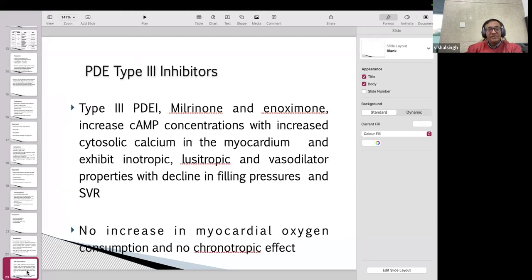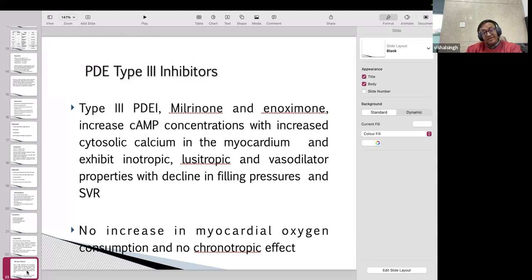The phosphodiesterase inhibitors, which is your milrinone and its colleagues, all increase cAMP concentration with increased cytosolic calcium in the myocardium, and exhibit inotropic, lusitropic, and vasodilator properties, with a decline in filling pressures and SVR, and no increase in myocardial oxygen consumption and no chronotropic effect.